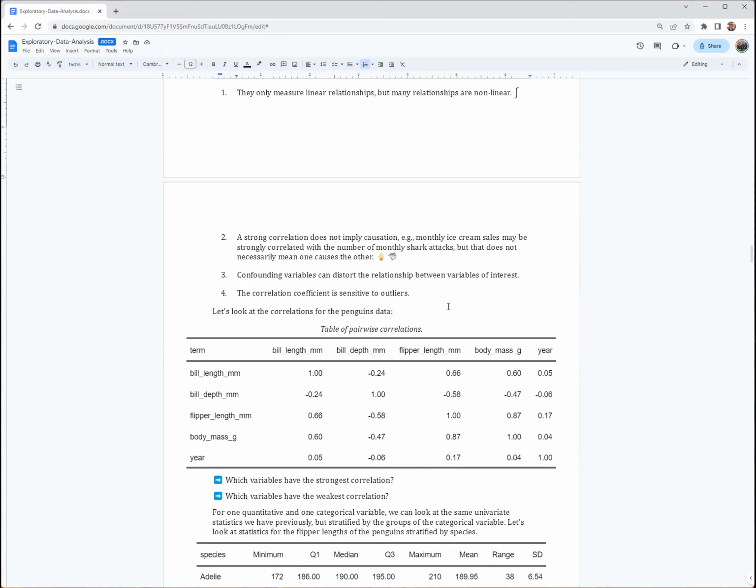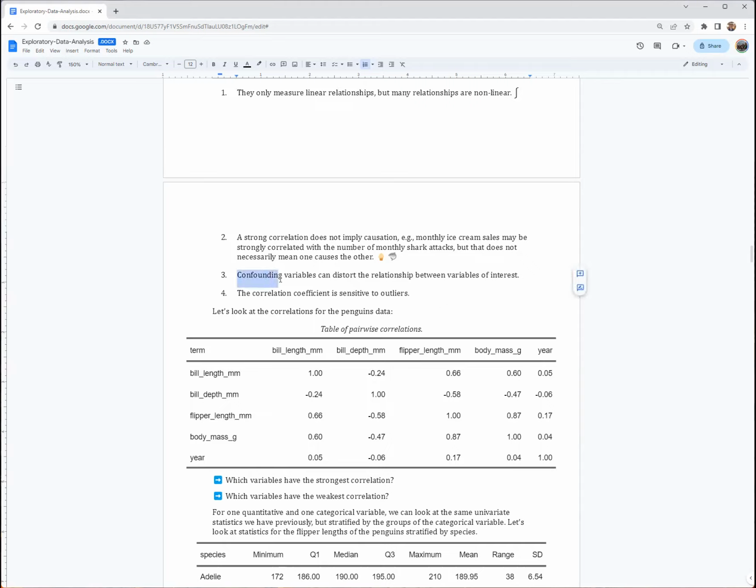If you ignore everything else in the world, this may seem to indicate that more ice cream is attracting sharks, and we should potentially consider getting rid of ice cream to save people from shark attacks, right? But that's not the case.